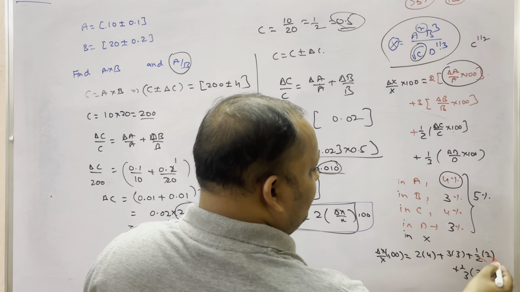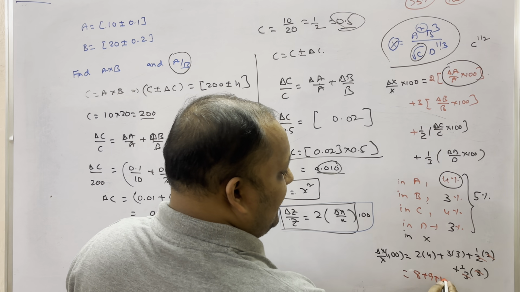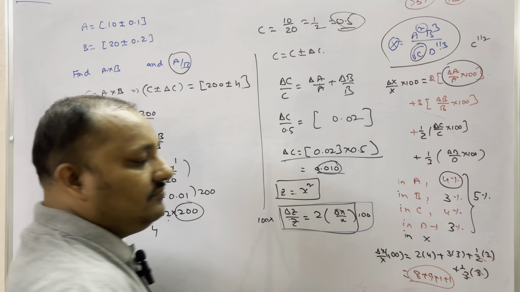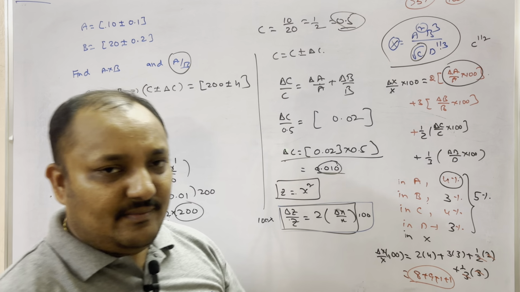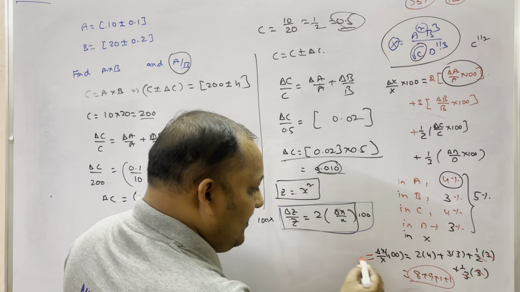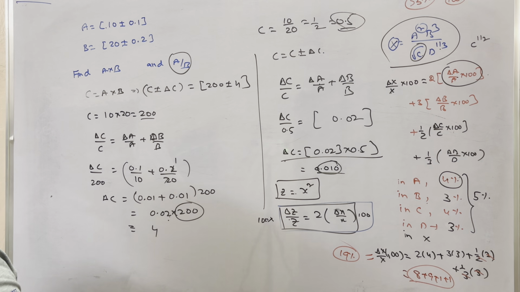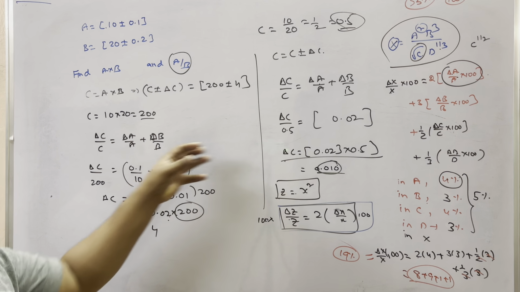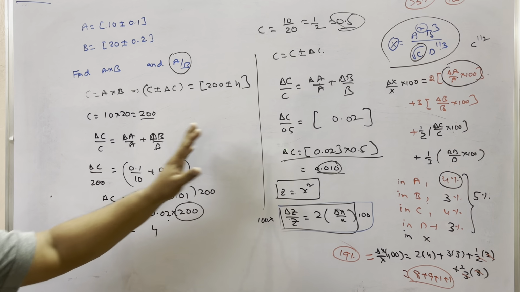If you cancel, 8 plus 27 plus 2 plus 3. So in X, it is going to be the total percentage error. Like this, they are going to ask the problems. Just do it carefully and you are going to get it.